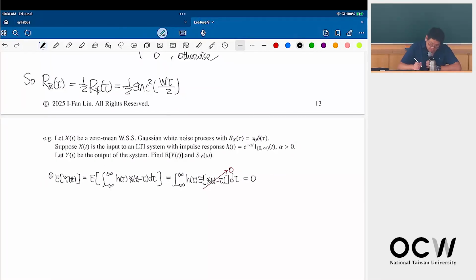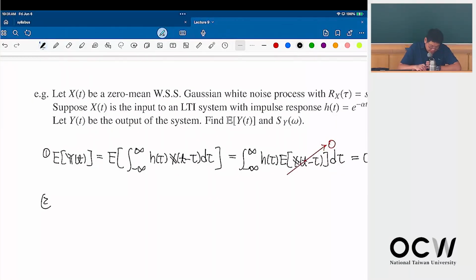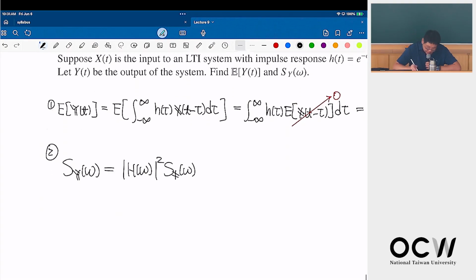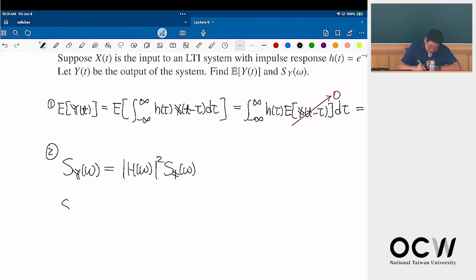Now I want to find the power spectrum. To find the power spectrum, we know the power spectrum of Y is the magnitude of your system response squared times the power spectrum of X. So first, let's find the power spectrum of X. So what is the power spectrum of X?